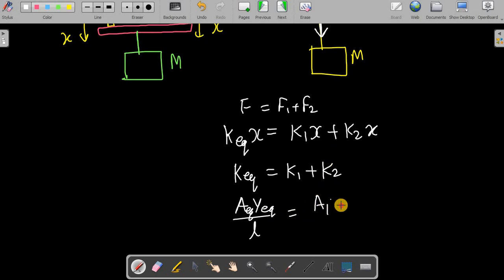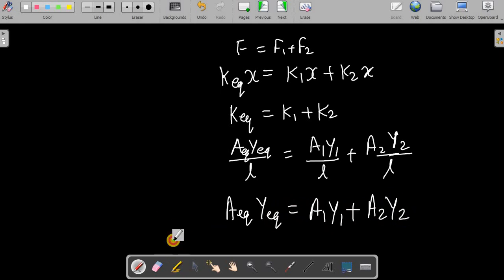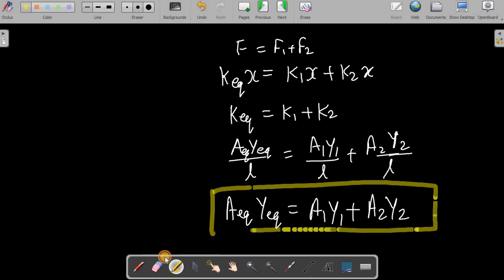So A1 Y1 by L, A2 Y2 by L. Right? So what equation will we get from here? A equivalent Y equivalent equals A1 Y1 plus A2 Y2. This can be used, right, for parallel combination of wires.